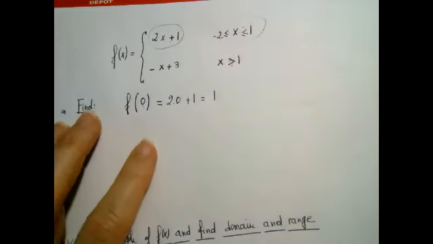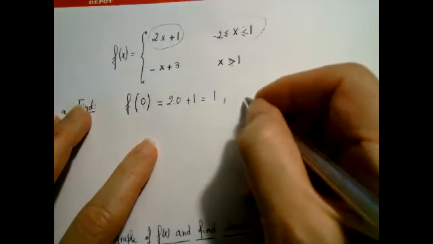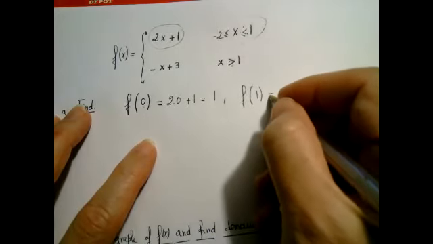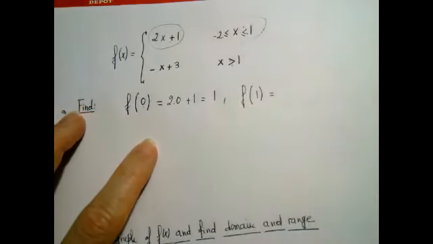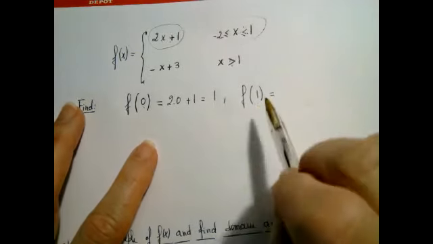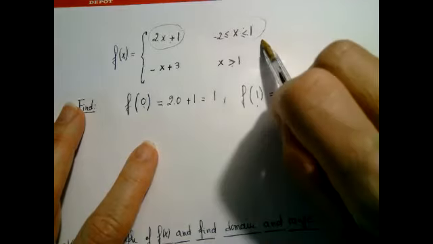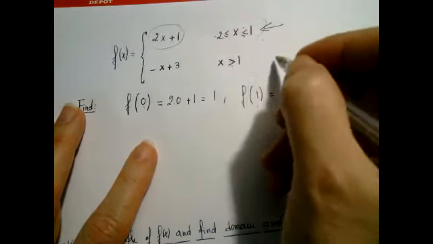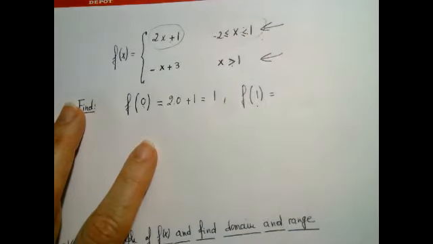All right, let me give you more questions along those lines. Suppose I ask you what is f of 1. What would be your answer? You take the 1 and go back up here. You ask, where is your 1? Which condition does it satisfy?